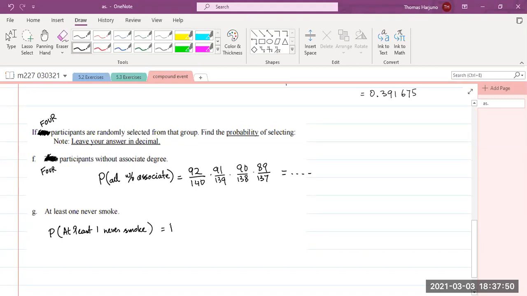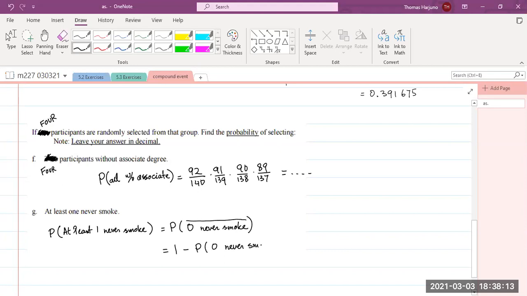That's the complement of none never smoke. That's 1 minus probability that none of them never smoke.